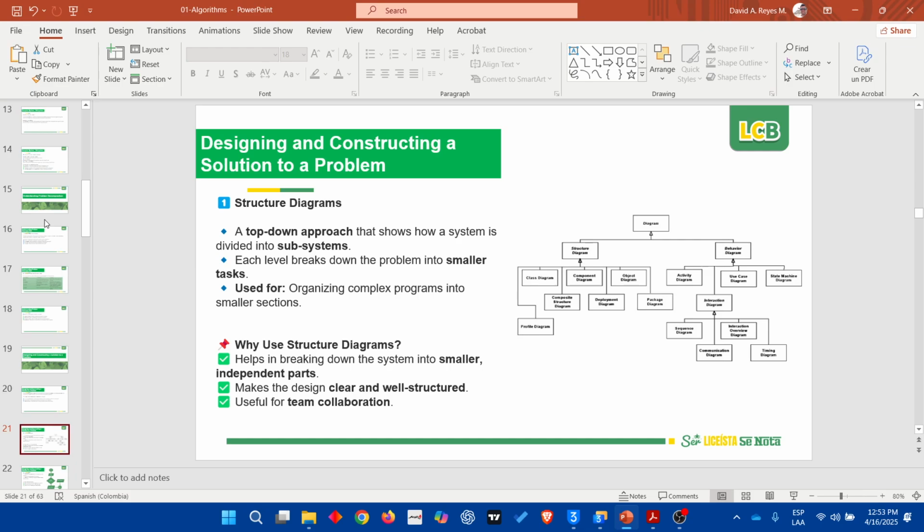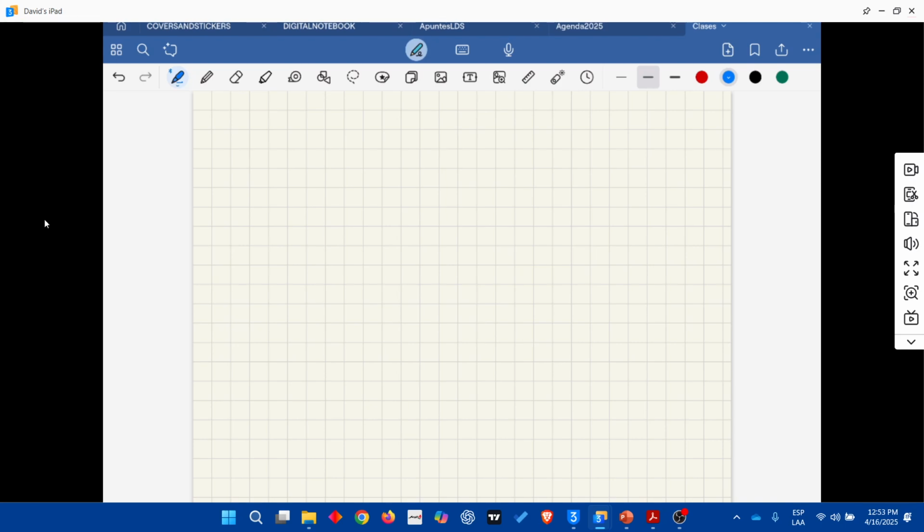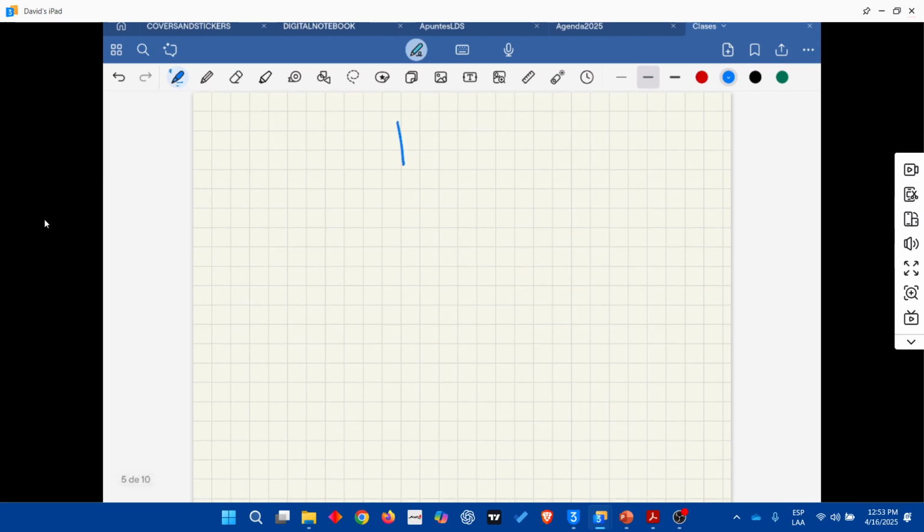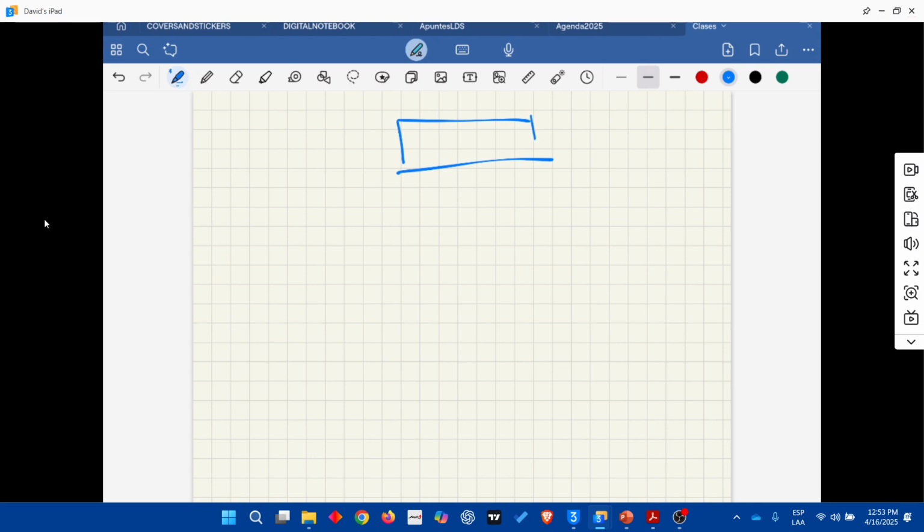Okay, so what is the structure diagram? Okay, so let's try doing this here. Let's talk about the software that we are going to create to know if a number is even or not an even number.